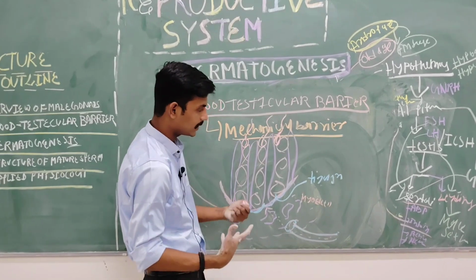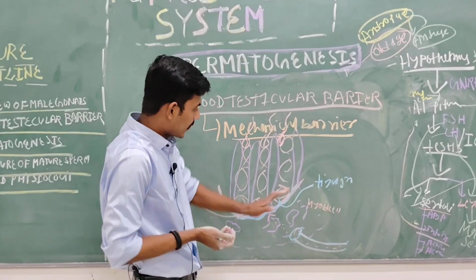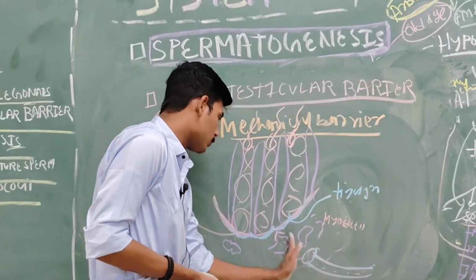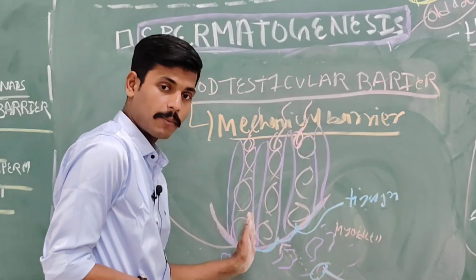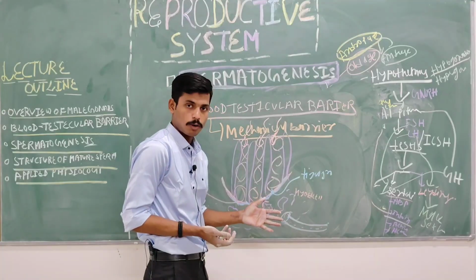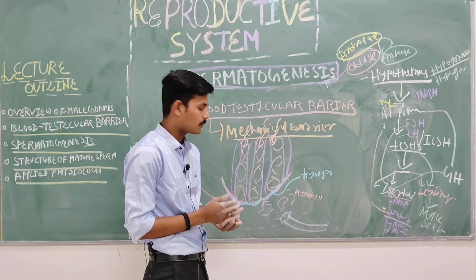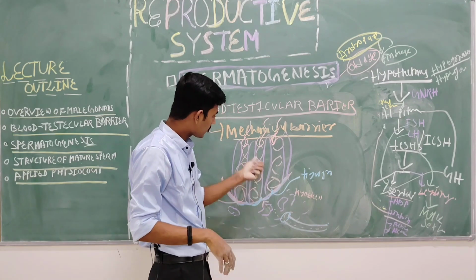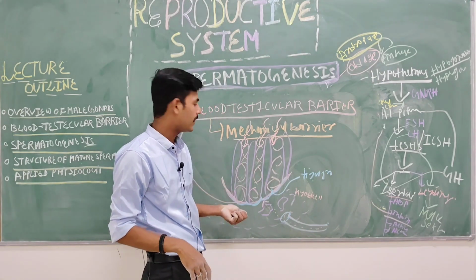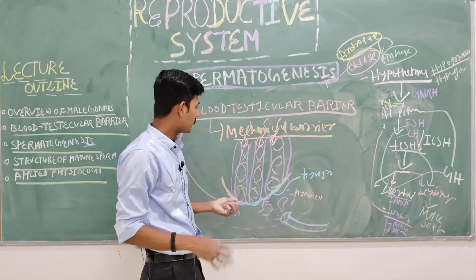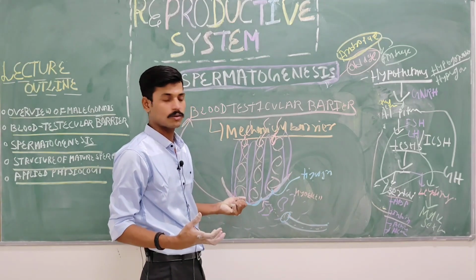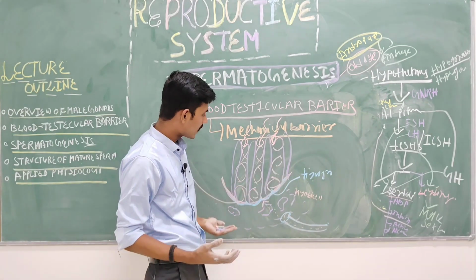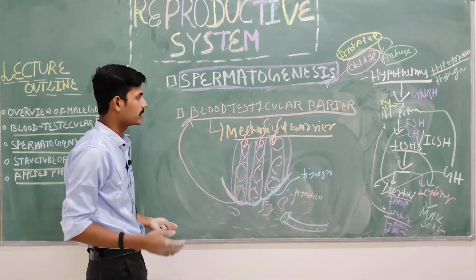These tight junctions prevent large molecules like large proteins and some toxic material from going into the testicular microenvironment and disturbing their very crucial process. So nature provides one kind of barrier, and it is called the blood-testicular barrier.